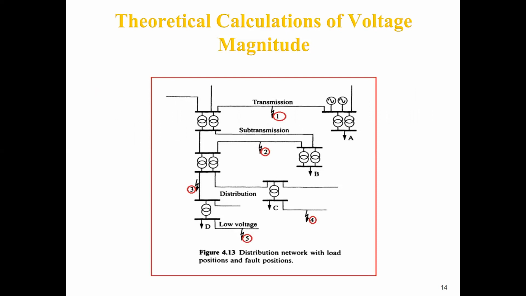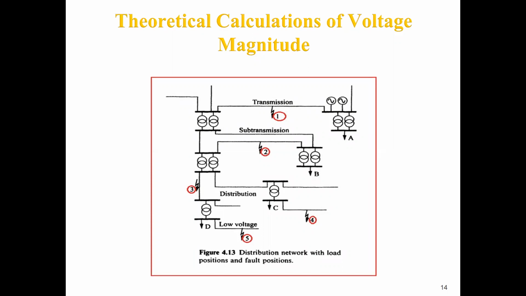For this, I'm taking a distribution network with load positions. I'm taking 4 loads, A, B, C, D, and transmission systems from sub-transmission to distribution and low voltage. I would like to explain this distribution network with different loads and fault positions.